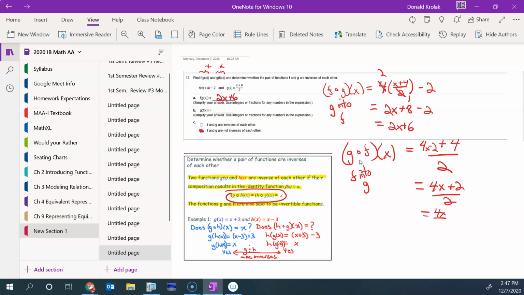So that's 4x over 2 plus 2 over 2. And that is 2x plus 1. Okay, so these are not inverses. To be an inverse, this answer needed to be just x, and so did this one, and neither of them are. So these are not inverses.